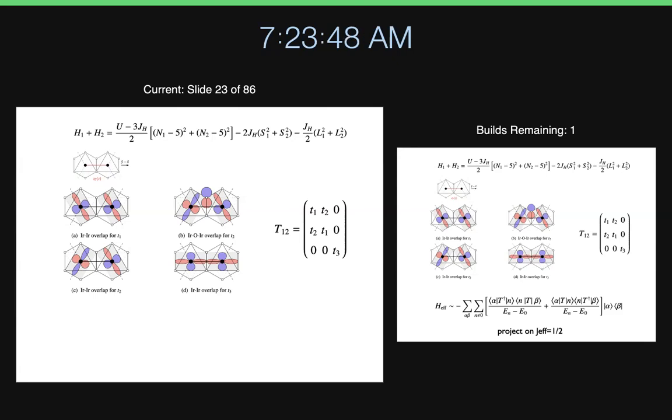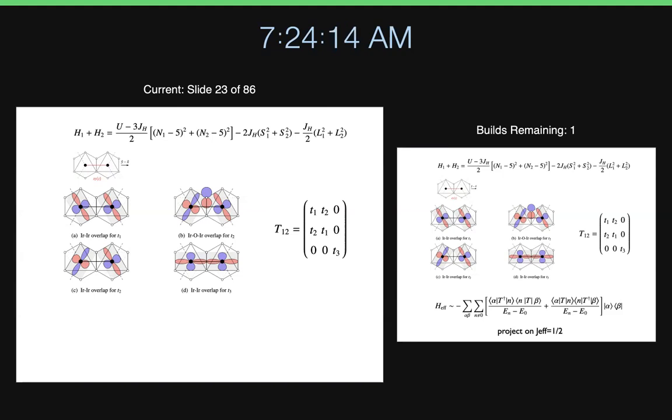And you can see that this is XZ and YZ here, and this is the XY orbital. So for the XY orbital, think about these two here, and one can show that due to the mirror along one of those directions, this is forced to be 0 by the symmetry of the lattice. Anyway, so there's t1, t2, t3.